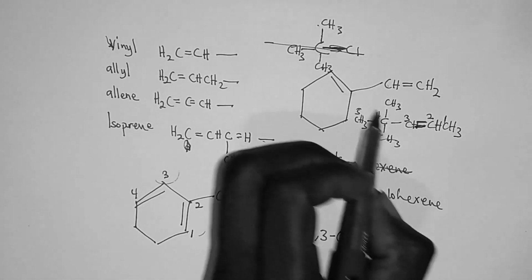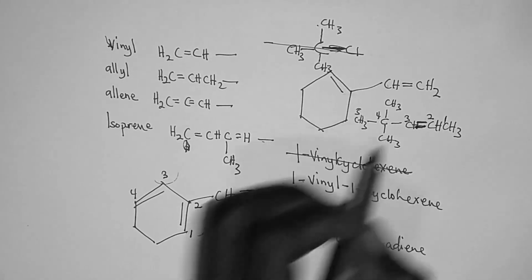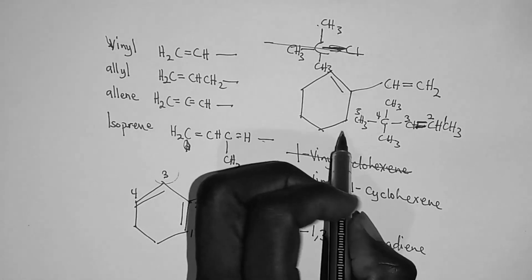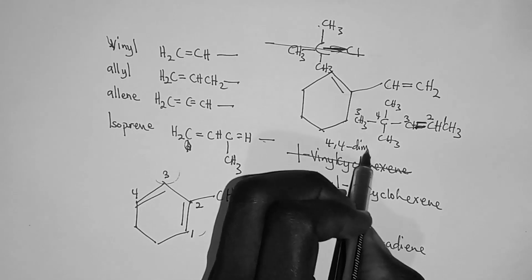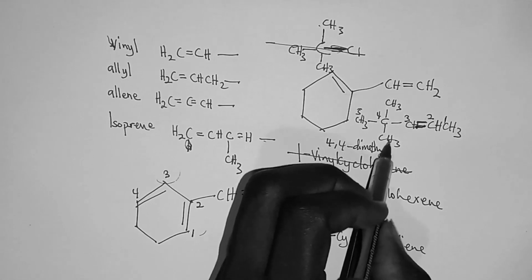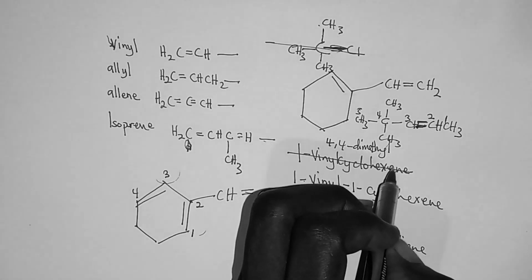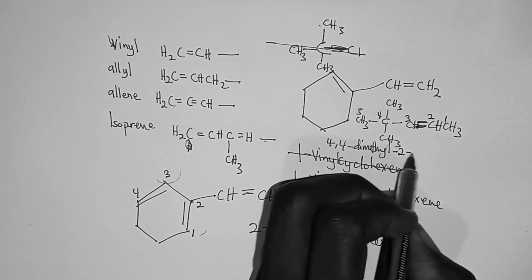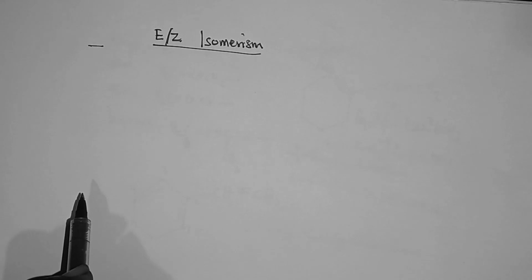However, we have a methyl substituent on carbon number 4, and then the double bond is on carbon number 2. So it becomes 4,4-dimethyl. And then we need to show the position of the double bond. So it becomes 4,4-dimethyl-2-pentene.